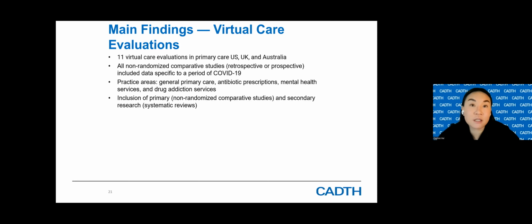This evidence consisted of both primary studies, mostly non-randomized comparative studies, and systematic reviews. I just want to highlight that all the non-randomized comparative studies were conducted retrospectively or prospectively and included data that was specific to a period of COVID-19. Okay, next slide, please.